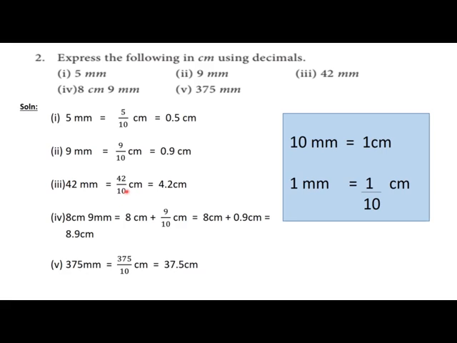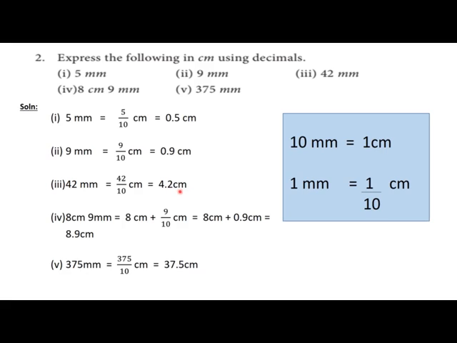Here only one 0, so write the 42 as it is and move the decimal only one time to the left side, not to the right side. So the answer will be 4.2 centimeters.